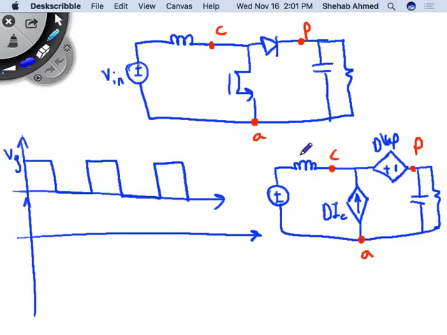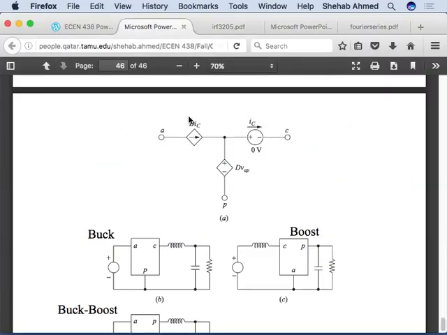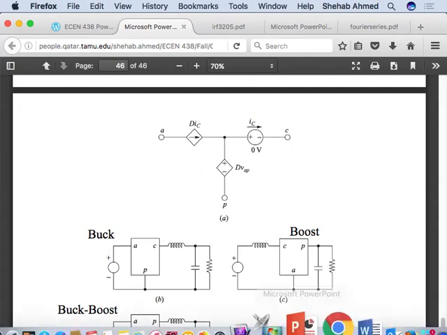Inductor current is actually coming into the node, right? So if I say this is D times IC and this is IC, then this is wrong. Then I would have to flip this. You see what I'm saying? Because again, the polarity is based on this. IC is coming out of node C, and D times IC is in the same direction here. So we will see that it's flipped here.